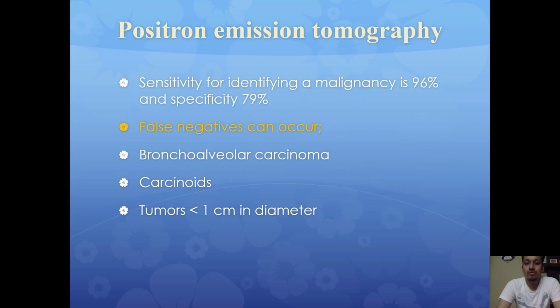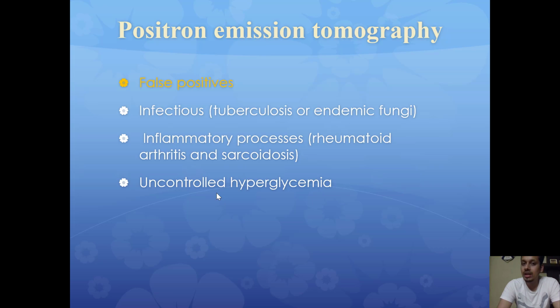There are chances of false negative if the lesion, as we saw previously, is a bronchoalveolar carcinoma which is growing very, very slowly; there will be less metabolic activity in that lesion, and there is a possibility of a false negative. Also, patients who have carcinoids, which are very slowly growing, the typical carcinoids will have a false negative PET scan.